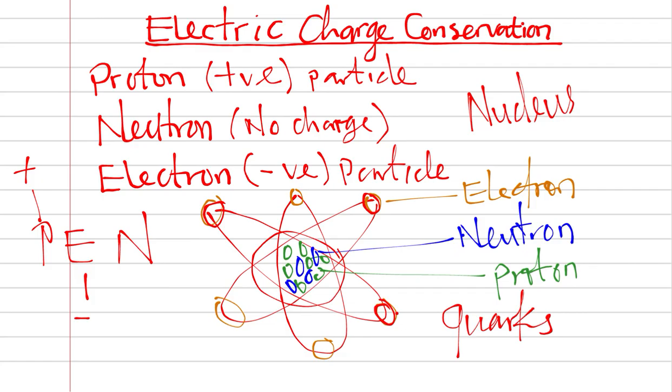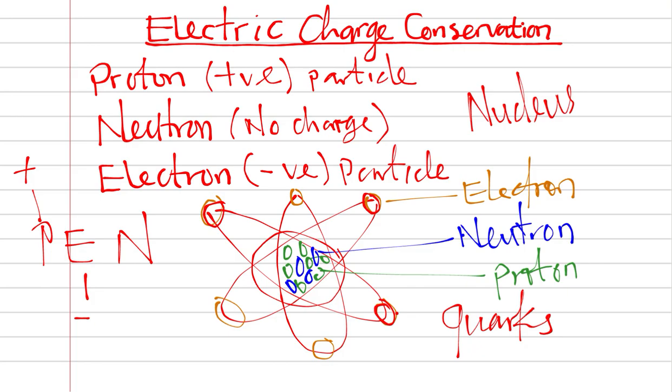Now there are some other things that we need to know about atom. We said electron is negative, proton is positive. Now there is something called magnitude. Don't forget, in physics when we talk about magnitude, magnitude just means number. Proton and electron have the same charge.